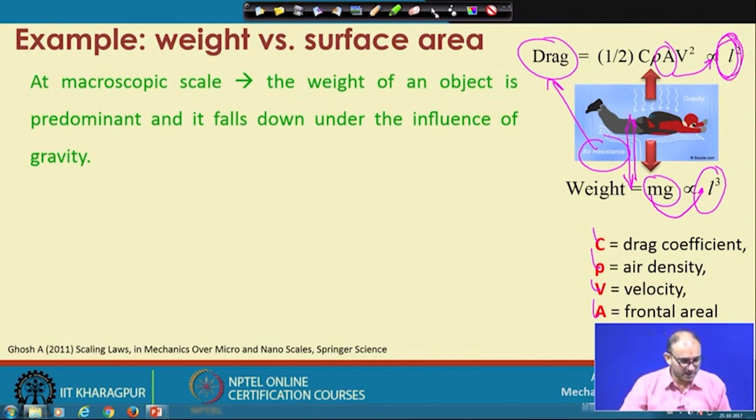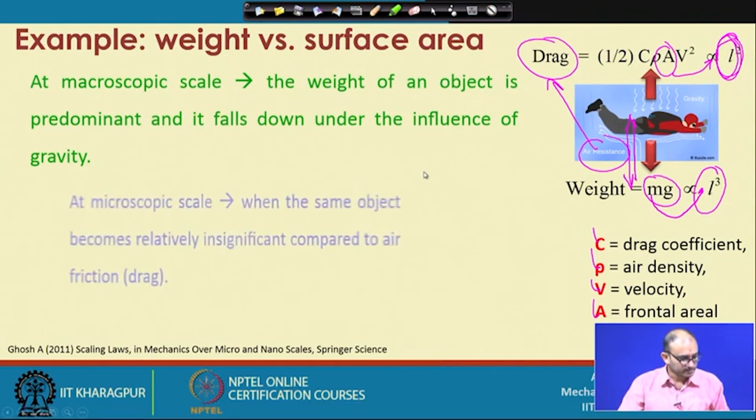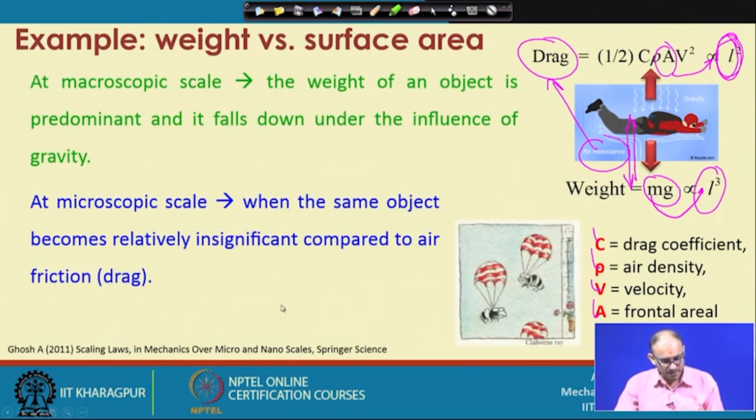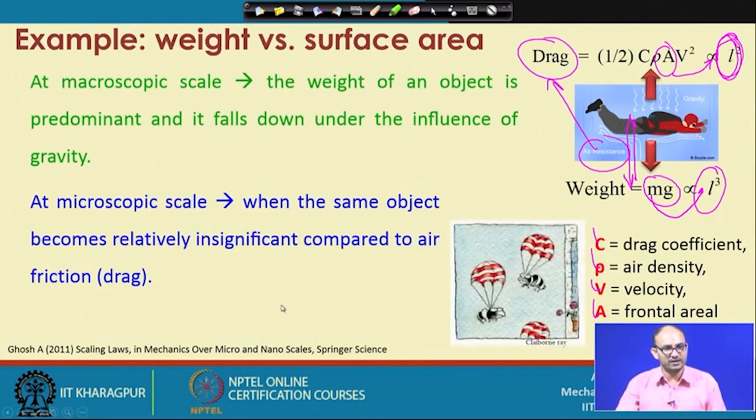Now, what will happen in this case? At microscopic scale, the weight of the object becomes relatively insignificant compared to air resistance. Let us take the example of an ant. If you drop this ant from 100 meters, or even a few hundred meters, nothing is going to happen.